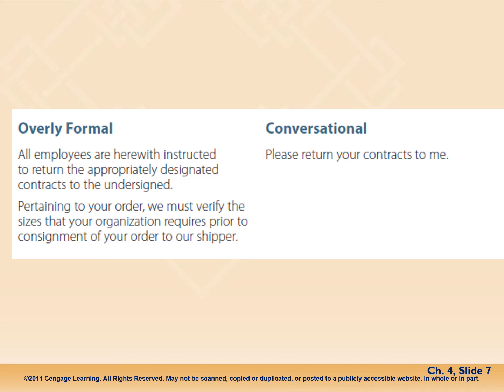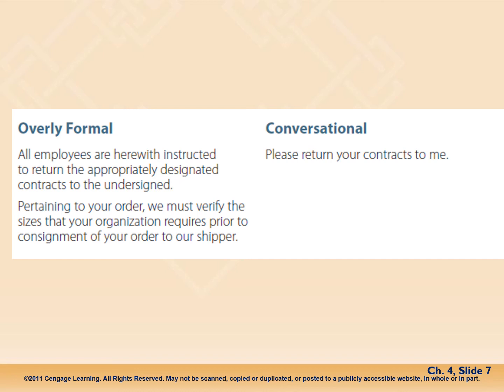The second sentence is also quite similar in terms of its complexity. Pertaining to your order simply means whatever order you placed, we are talking about that. We must verify the sizes that your organization requires. Verify the sizes means we need to confirm those sizes prior to consignment of your order to our supplier.